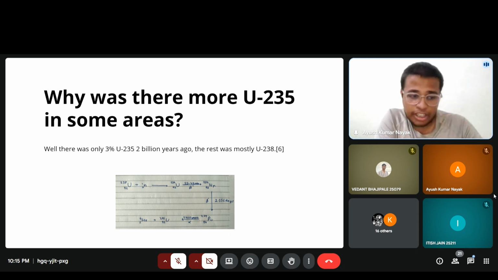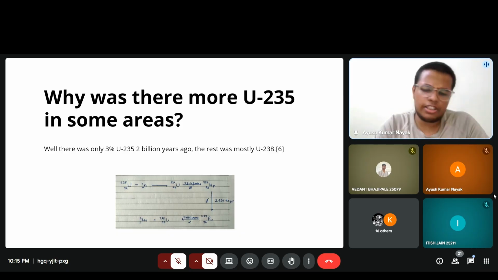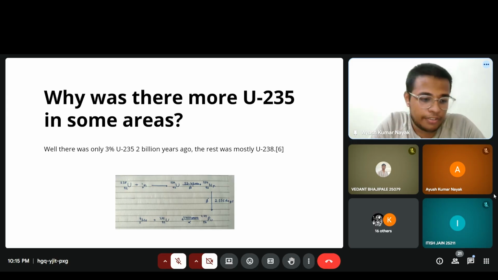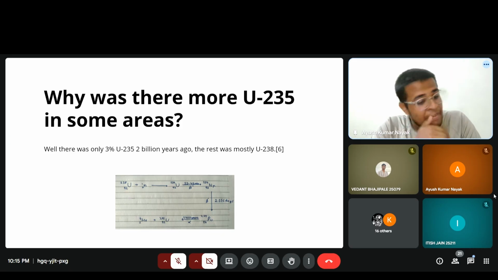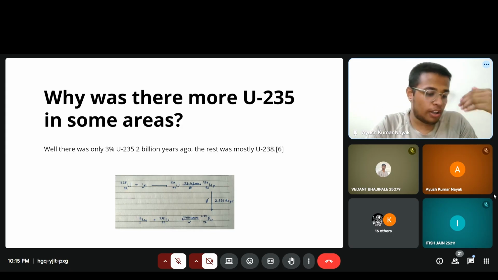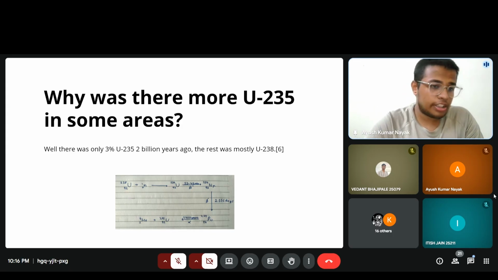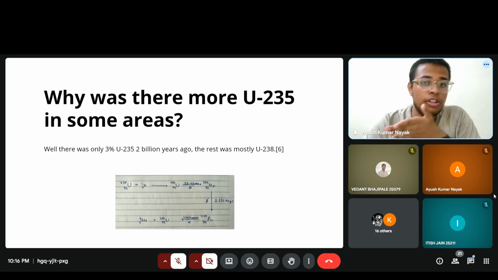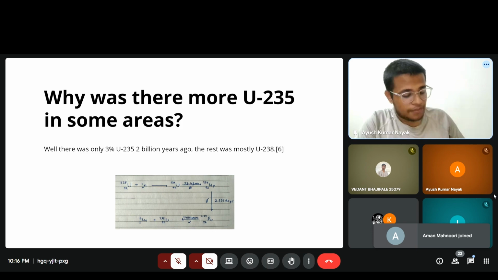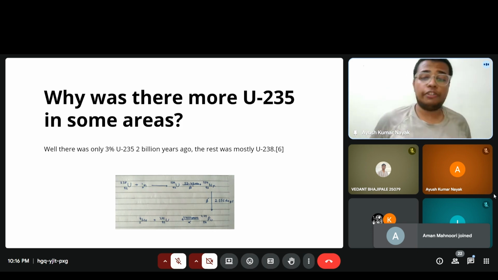Any stray neutron from the natural process could initiate a nuclear chain reaction, and that would have been sustained because water would have moderated it. As soon as the water got boiled away, there was no slowing the neutrons down, so it became highly unlikely that the neutrons would hit other atoms of uranium-235.